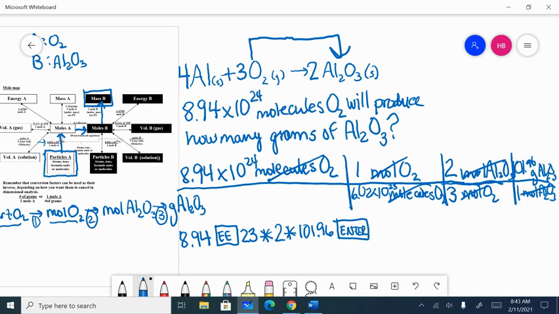But with your new calculators, if you want to do it all in one step, you can. Then I'm going to press divided by, parentheses, 6.02 EE23 times 3.